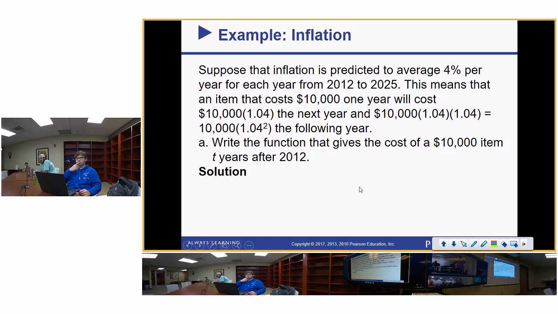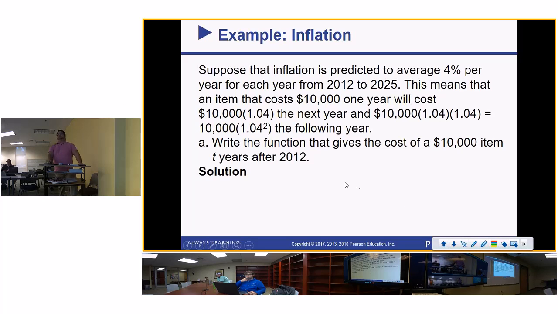Now here is a problem. This is more of a practical application. It says, suppose that inflation is predicted to average 4% per year for each year from 2012 to 2025. This means that an item that costs $10,000 one year will cost more the following year.